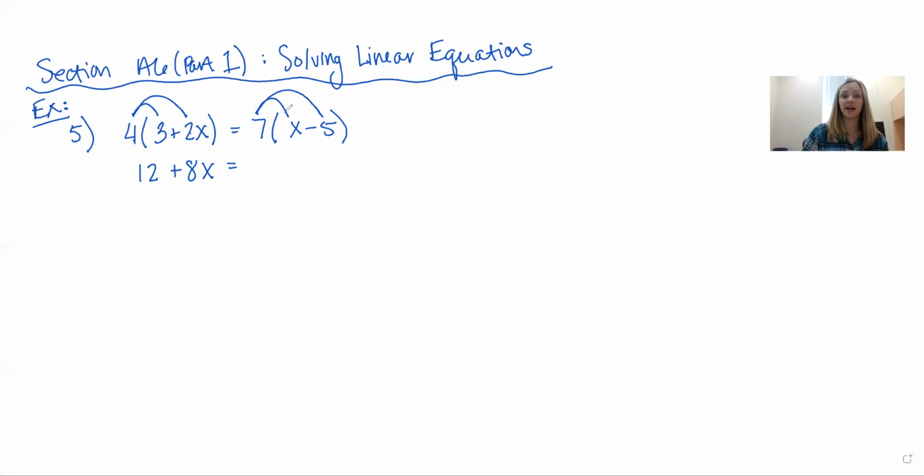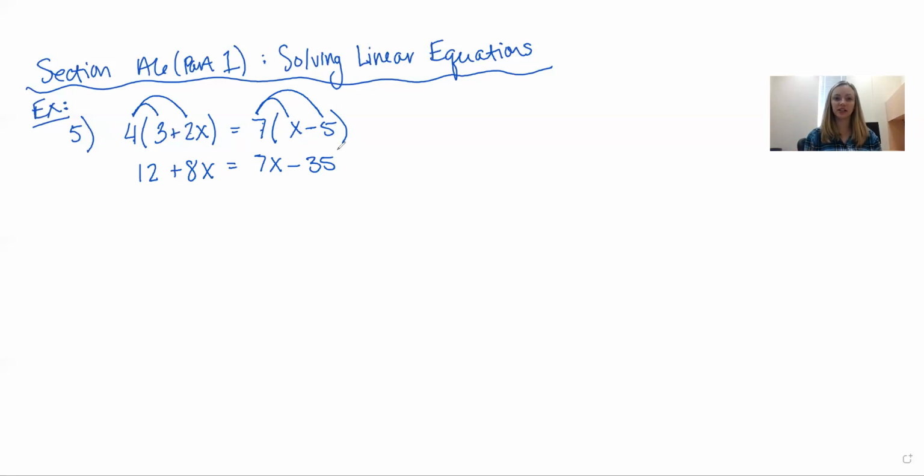On the right side, we have 7 times x, 7x, and 7 times negative 5, which is negative 35. Again, be really careful with those negatives. Make sure you don't lose any as you go through and distribute.